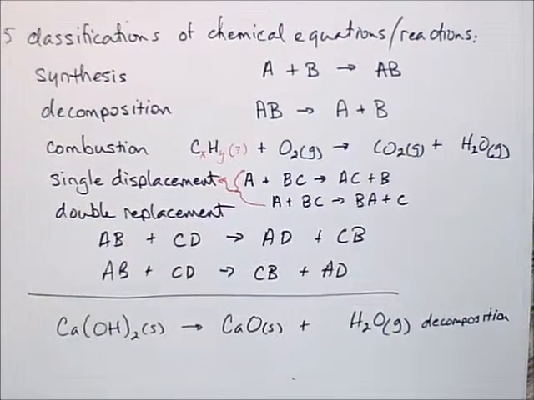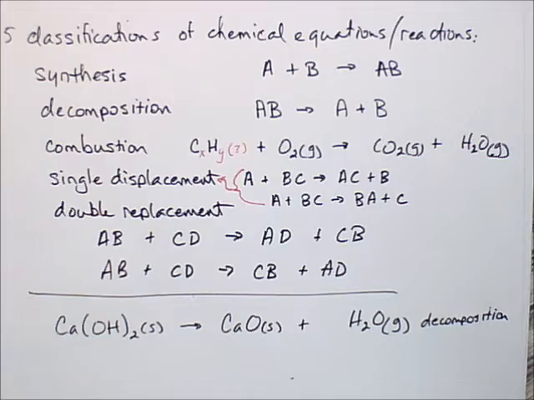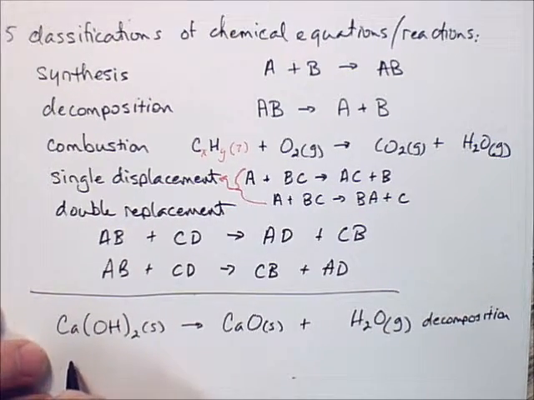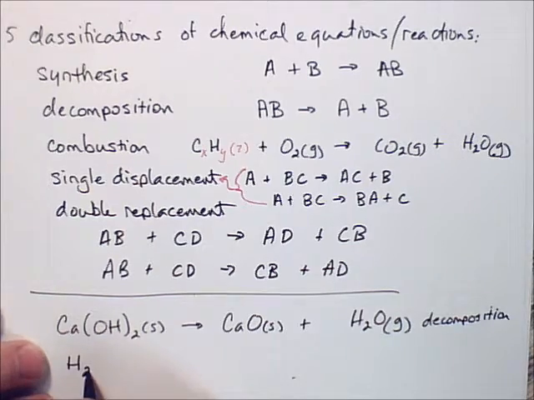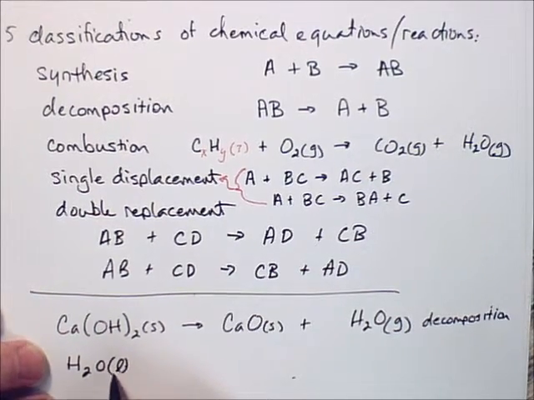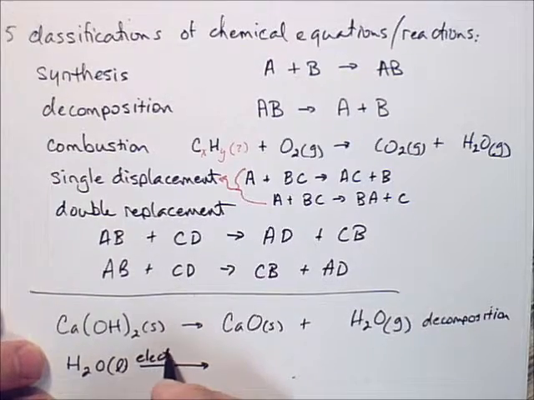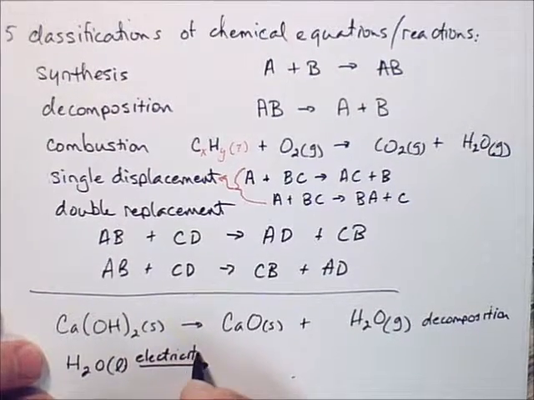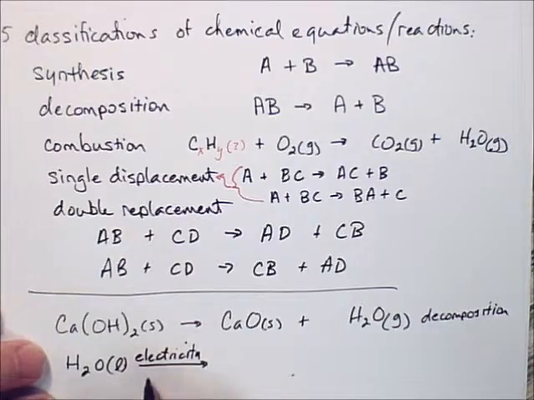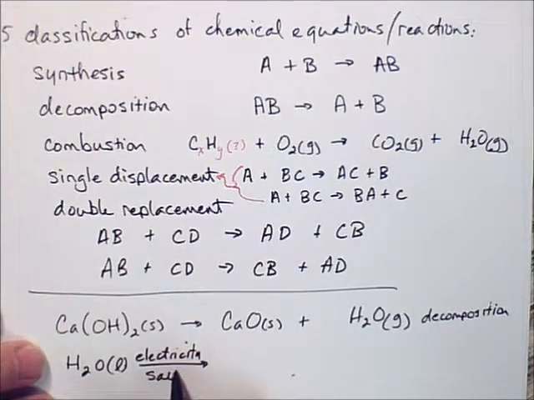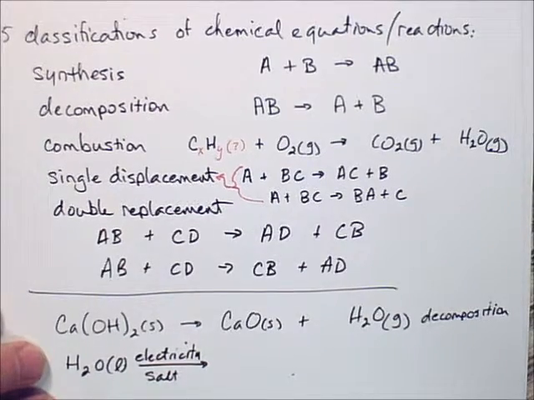You can also decompose a more complex compound into just elements, such as when we took water and we ran electricity through it, with some kind of salt or ionic compound in the solution to conduct electricity.